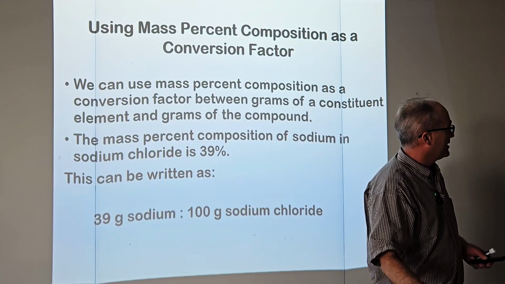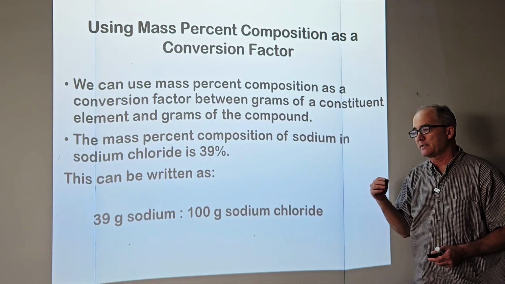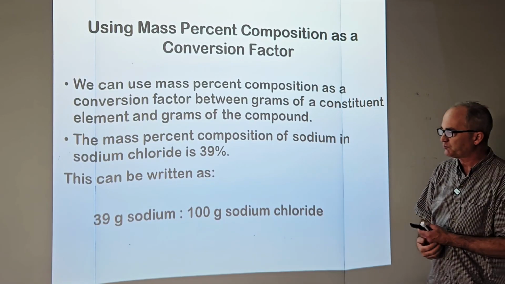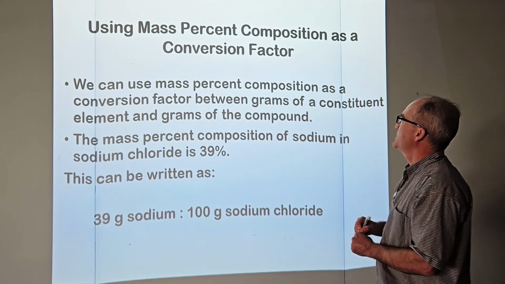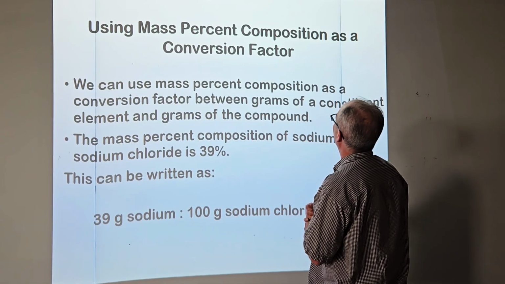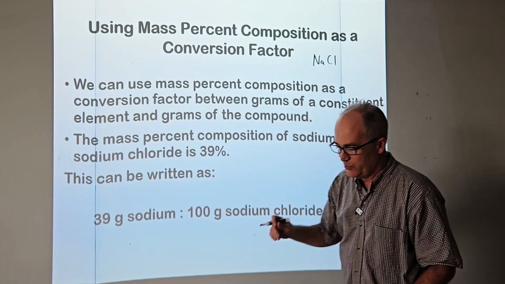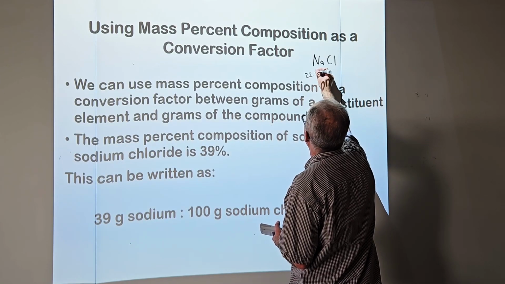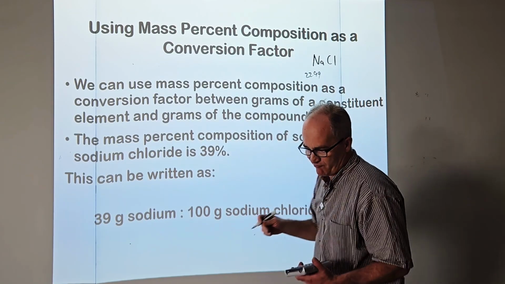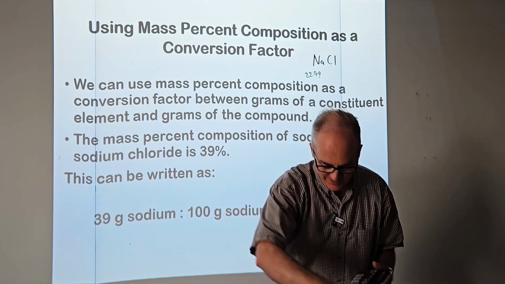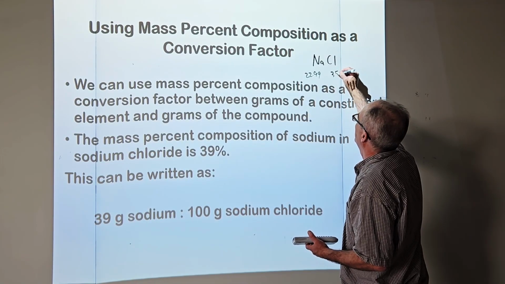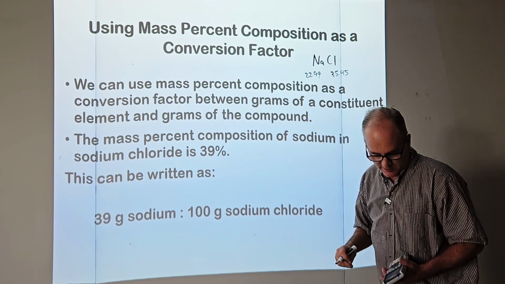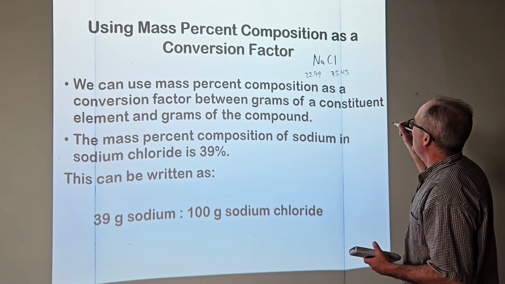So I told you we wanted to answer that question that we asked at the beginning of this section. First, let's just think about sodium chloride. Had some for breakfast, put it in this stuff called Multimil. We already know this is 22.99 something. Let me get my periodic table out. Chlorine, 35.45. Does that look about right? Close enough.